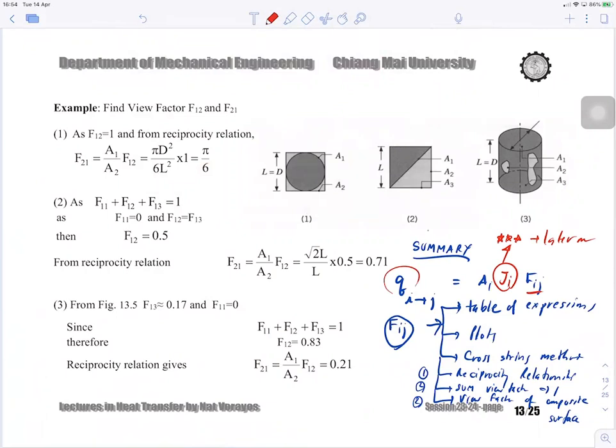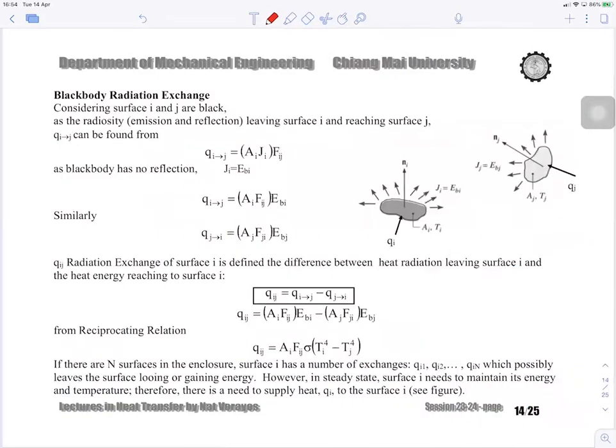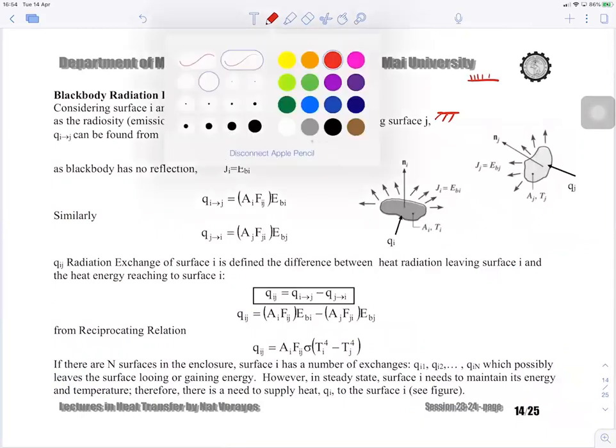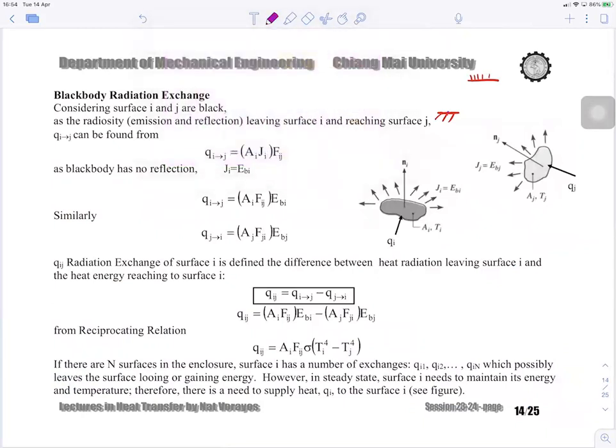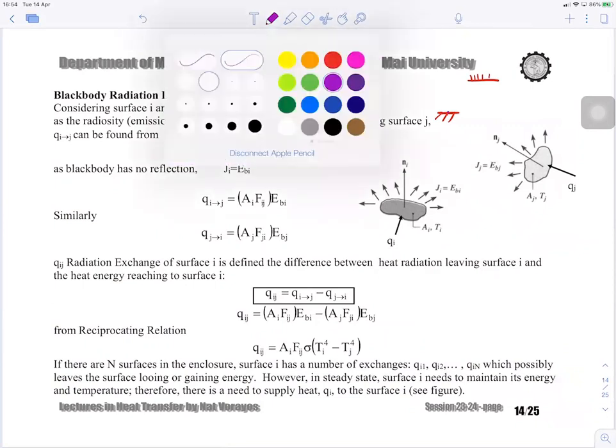heat radiation from surface I to surface J. Okay. Well, when you have two surfaces, for example, like this surface and that surface, okay, you're gonna have the radiation.